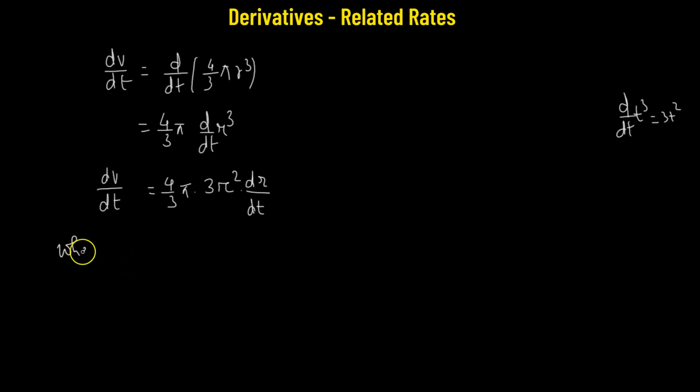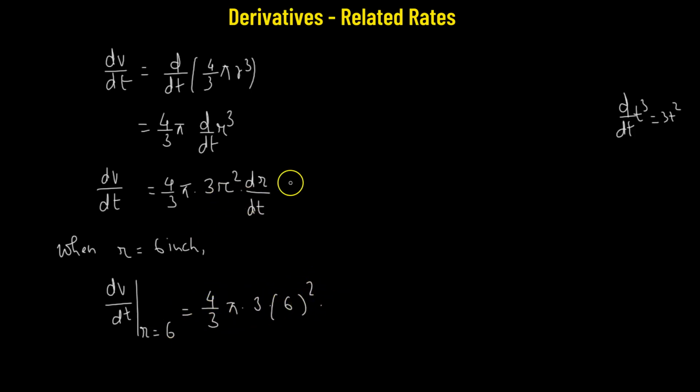Now when the radius r is 6 inches, dV/dt, the rate of change of volume, will be given by 4/3 pi times 3 times r squared. So r will be 6 squared times dr/dt, which is 0.2 inches per second. Here 3 and 3 go away.